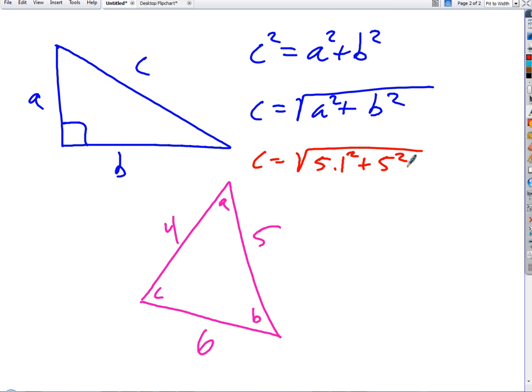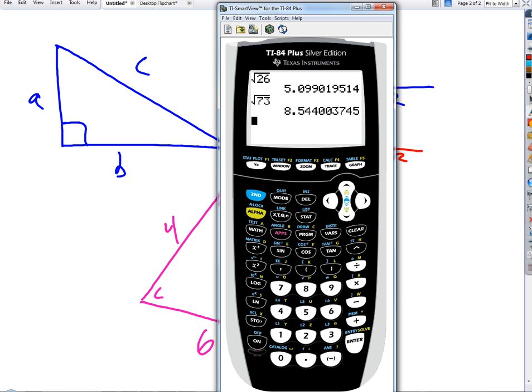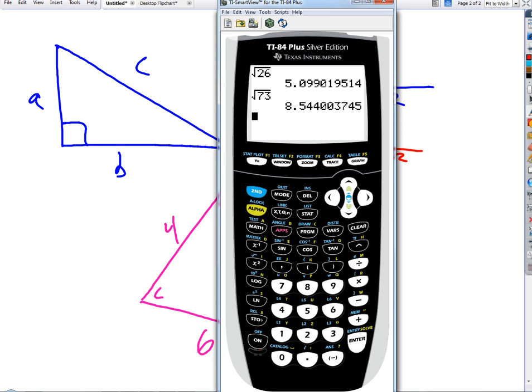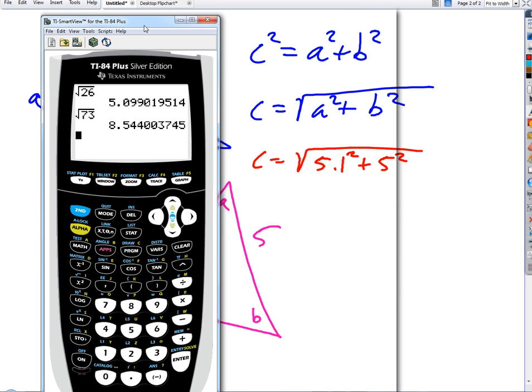Let's pull up our calculator and see. Okay, so the square root of 5.1 squared plus 5 squared is 7.14, if I round to the hundredths place, right?